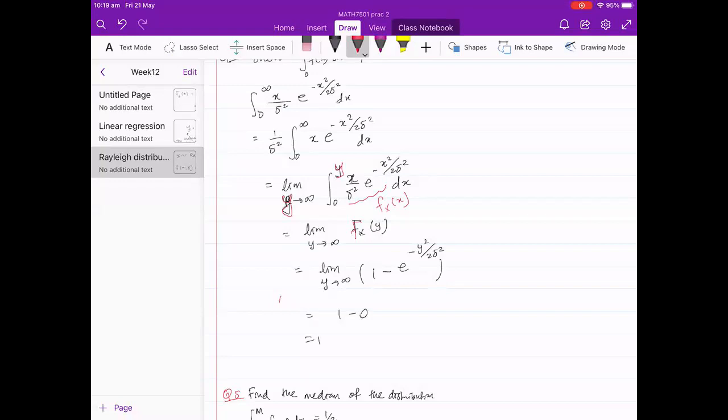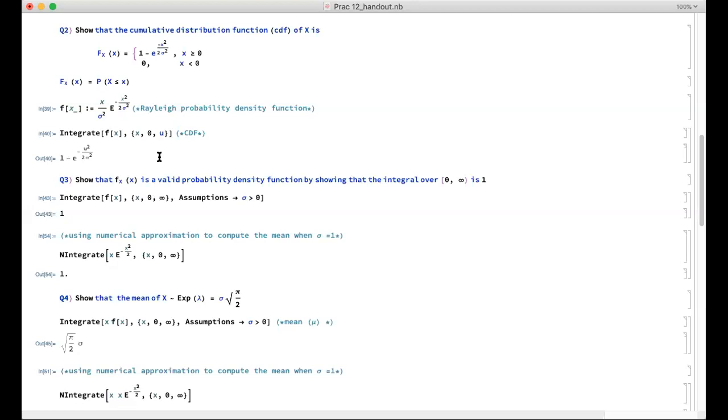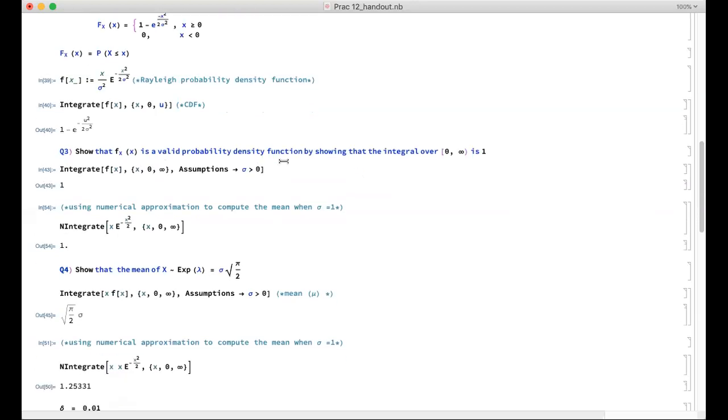You can use Mathematica to check this as well. Okay, in this case, you can use the Integrate function of Mathematica.